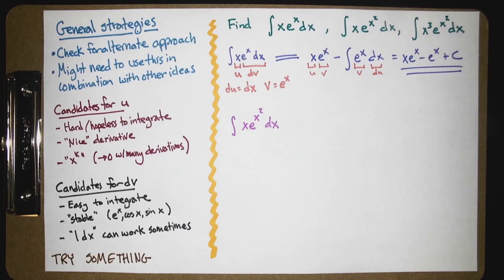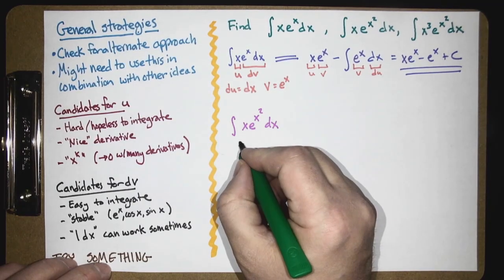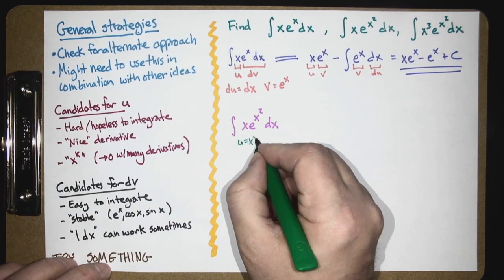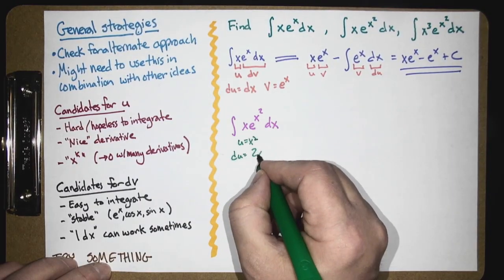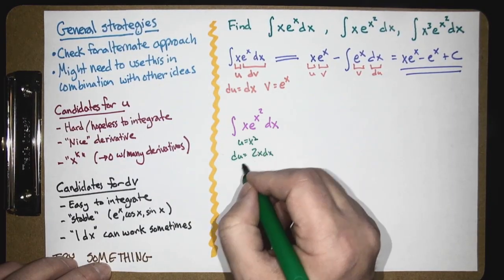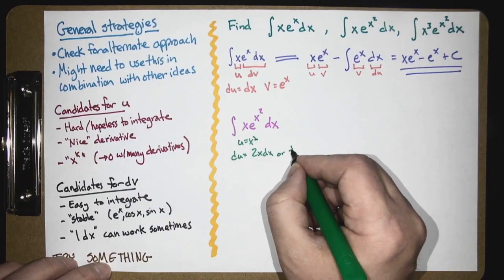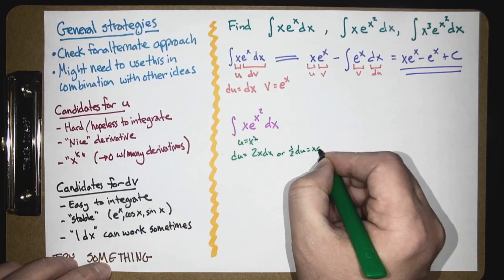What should we do for a u substitution? Does a u substitution work here? x squared. All right, let's try. u equals x squared. Then du would be 2x dx, or if you like, 1/2 du is x dx.